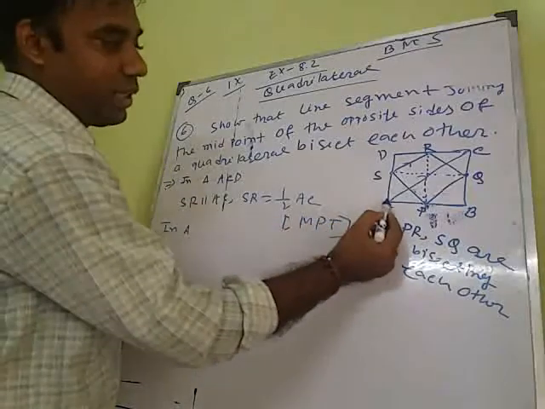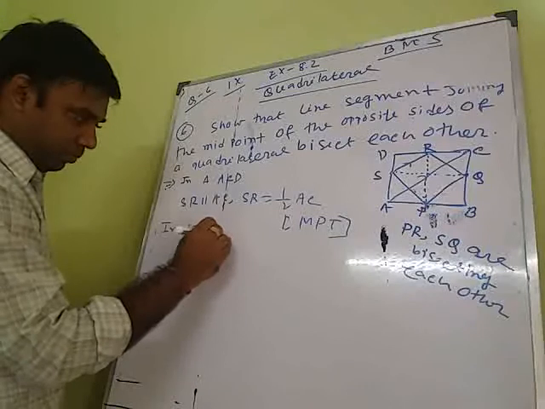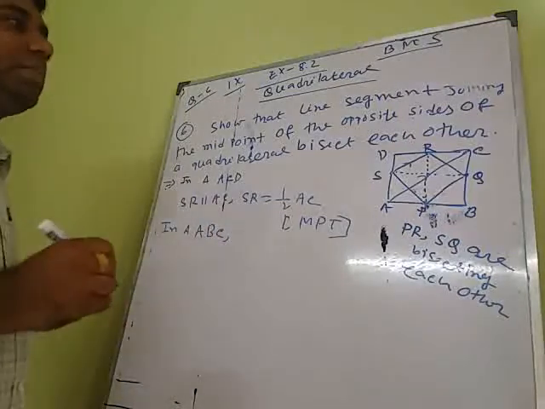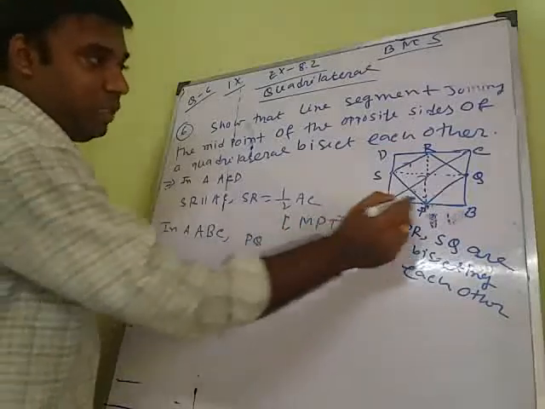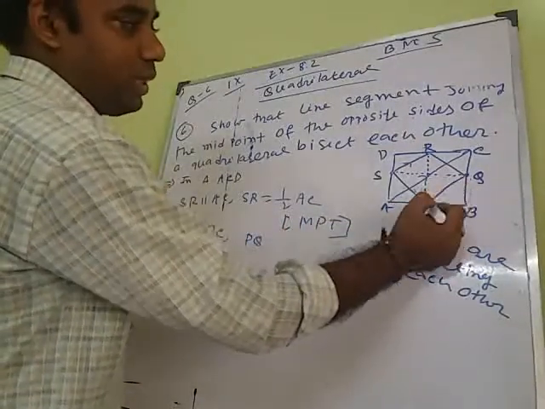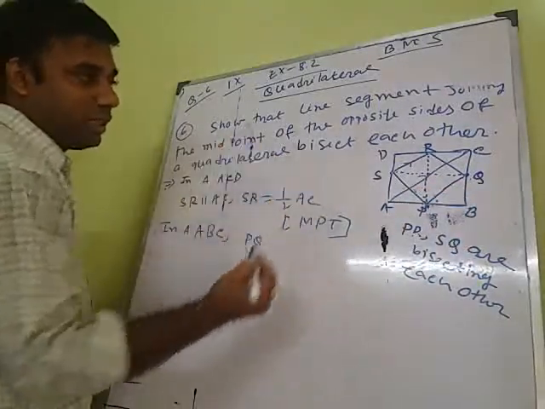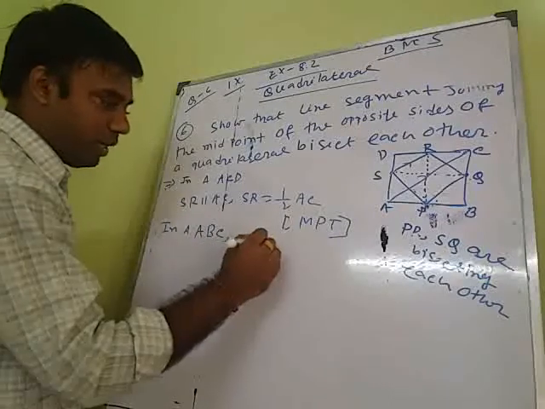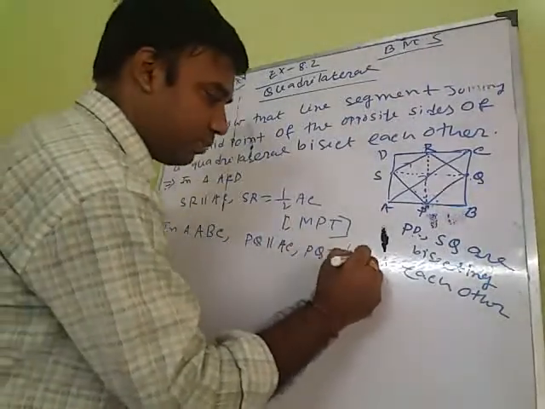Now taking triangle ABC, P is the midpoint of AB and Q is the midpoint of BC. The line segment joining P and Q is parallel to the third side AC, so PQ is parallel to AC and PQ equals half of AC.